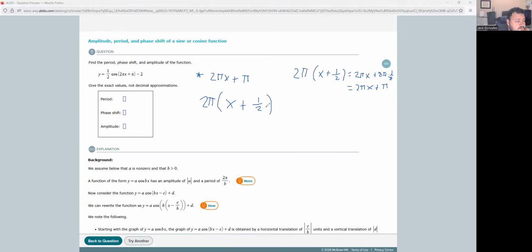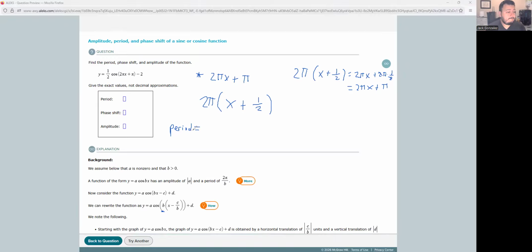Now, once I have it, then I know what the B is. In this case, B. So the period, and again, period is just how often it's repeating itself.